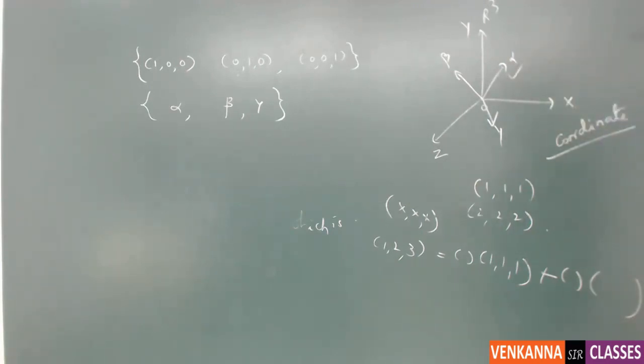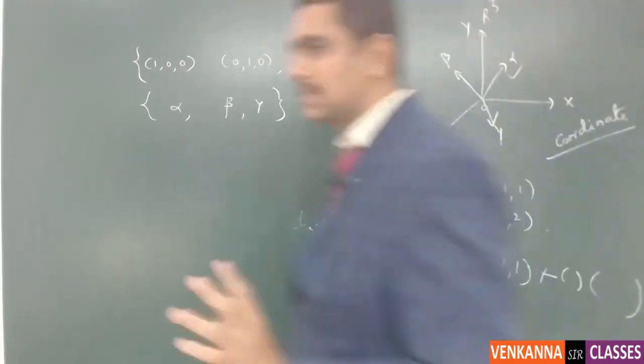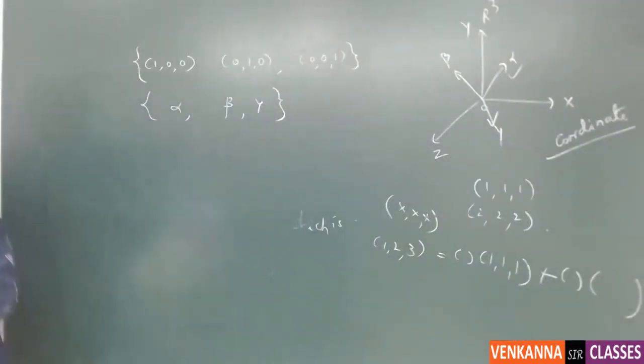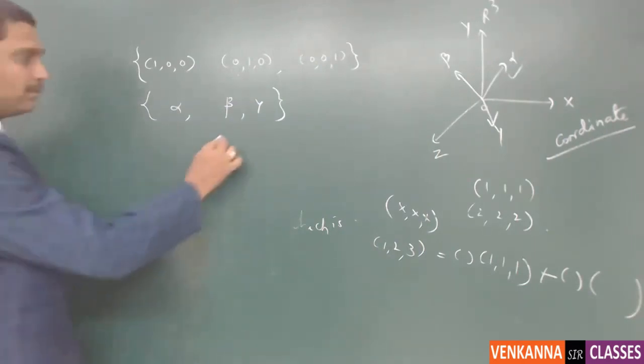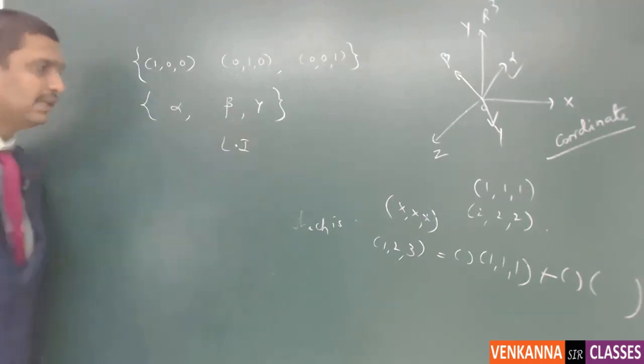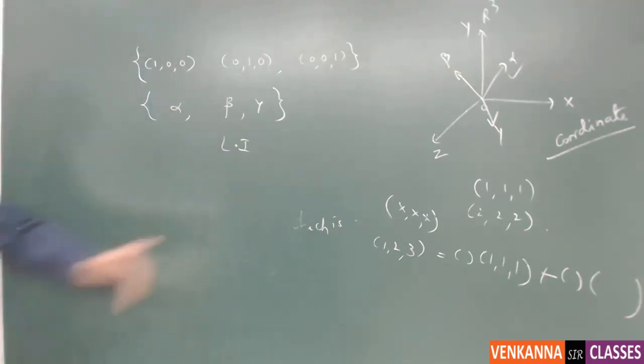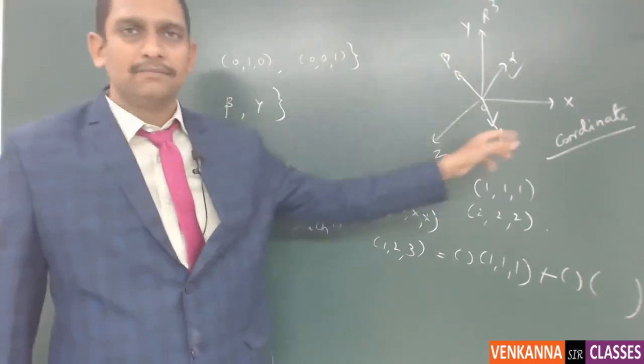So a basis always defines a new coordinate system if you talk geometrically, right? Is that clear? That's why, if you look at the definition of basis, what are you saying? Linearly independent, which in one way means mutually perpendicular.